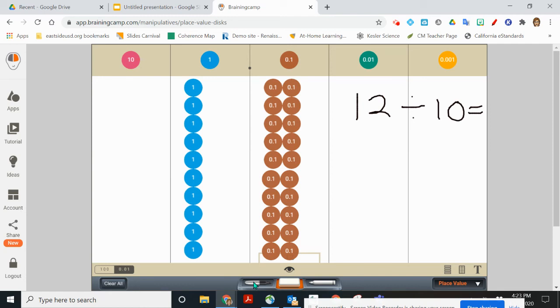So when we do this regrouping, we can separate these easily into 10 groups. I'm going to take my drawing tool and make my 10 groups so that's very obvious to my students.